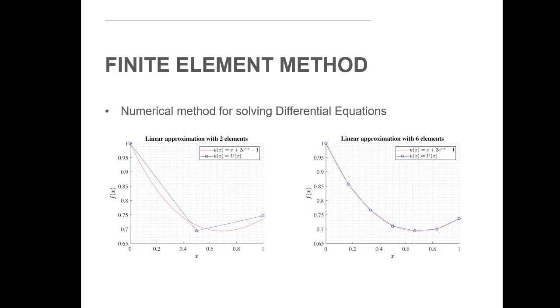In the right graph, we solve the same equation using 6 linear elements instead, and as you can see, the accuracy of the solution is much better. The downside is that more elements mean more calculations for the computer, so there is a sweet spot for how many elements you want to use.